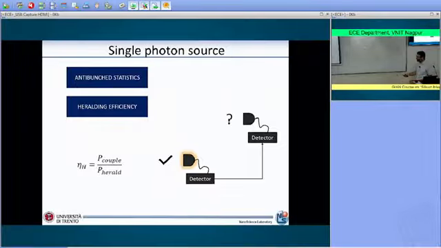So if P herald is equal to P coupled, the heralding efficiency is equal to 1. But if we lose some photons, then the heralding efficiency goes down. And therefore this is also an aspect by which we need to have very high quality photodetectors, because we do not want to lose any photon.